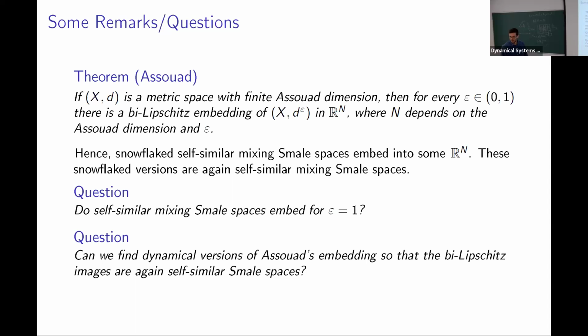And whether the embedding of such a Smale space will again be a Smale space, okay? Because there are several moving parts in a Smale space, like the hyperbolicity. Remember that Bowen proved in a complicated way the existence of Markov partitions.